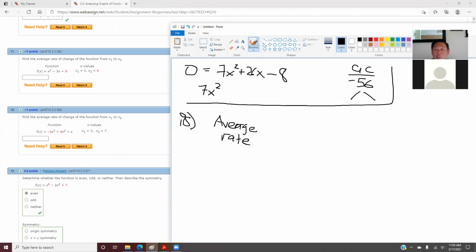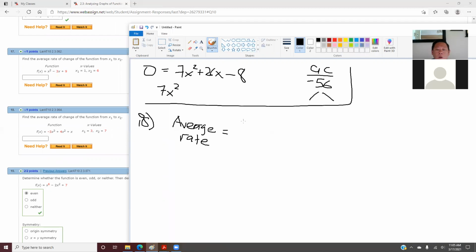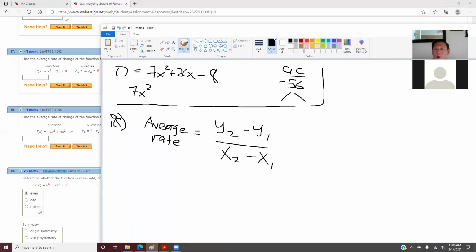It's like slope. You remember slope? y2 minus y1 over x2 minus x1. But instead of y2 and y1, because it's in function mode, you will use f of x2 minus f of x1, which is the same thing as y2 minus y1.